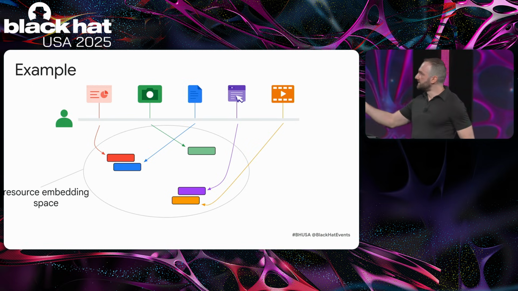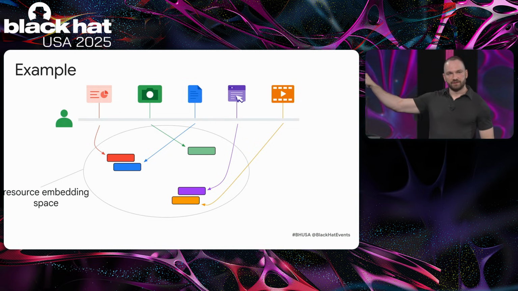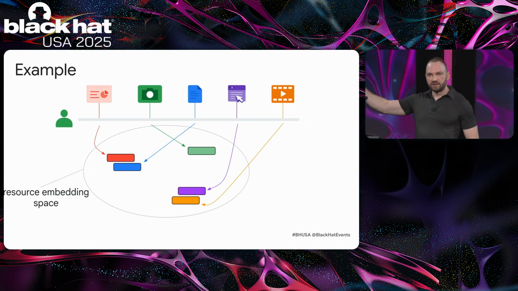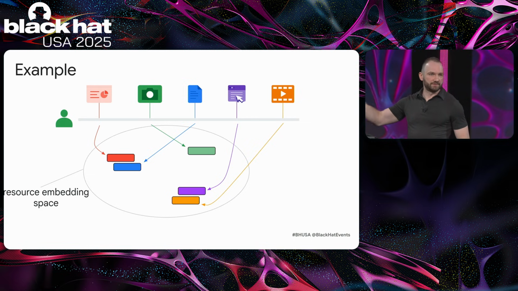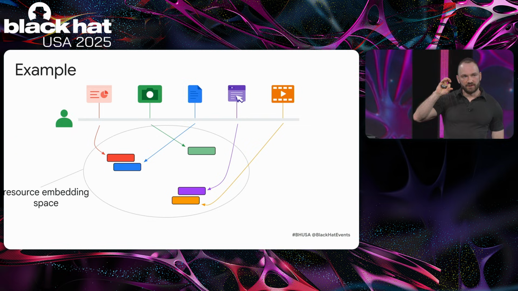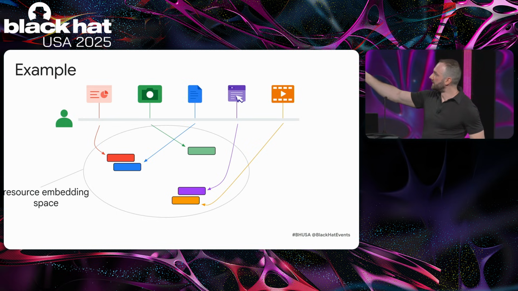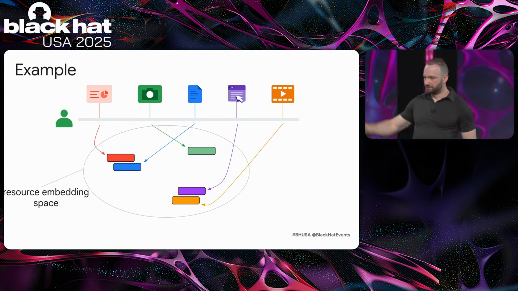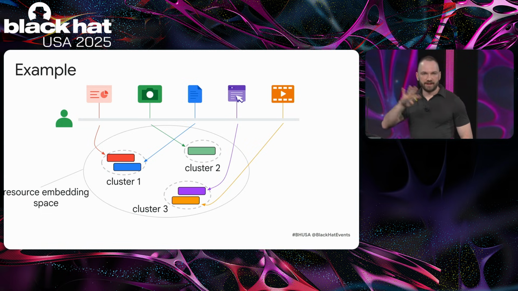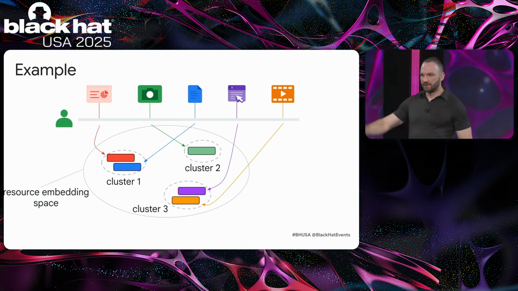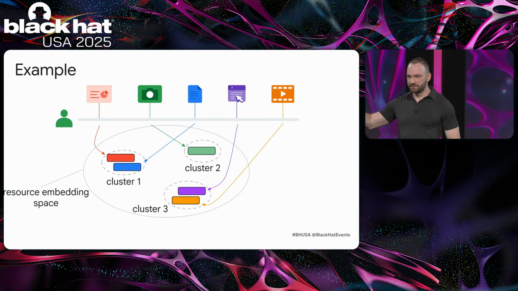All right, great. So you can already see that some resources, for example, the presentation and the documents, lie close together in space. That means that essentially, from the model's perspective, these things are quite similar. They represent quite a similar type of activity from the user. Similarly for the internal web resource and the video. So we're going to apply a generic clustering algorithm on these, and we're going to get 3 clusters.